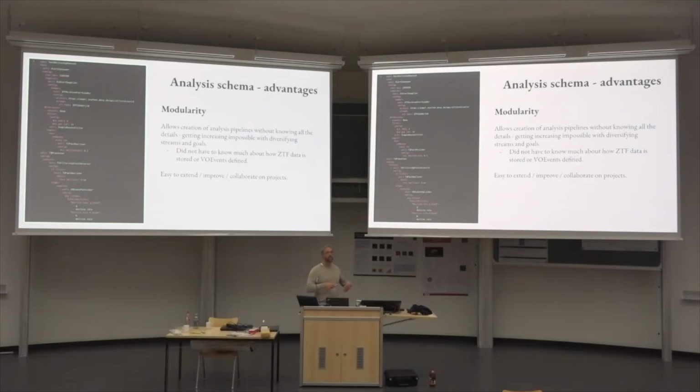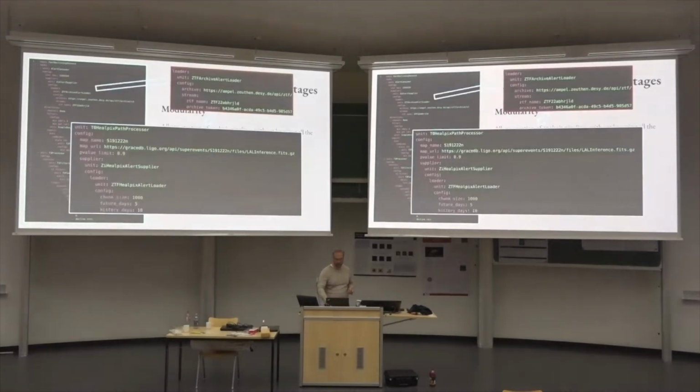There are even deeper advantages that I'll get to in the next stage. Oh, no, first I'll make this demonstration. Here we used the ZTF archive alert loader to download the light curve of a single event. Then I started a different AMPEL job in parallel, and carried out exactly the same analysis schema.